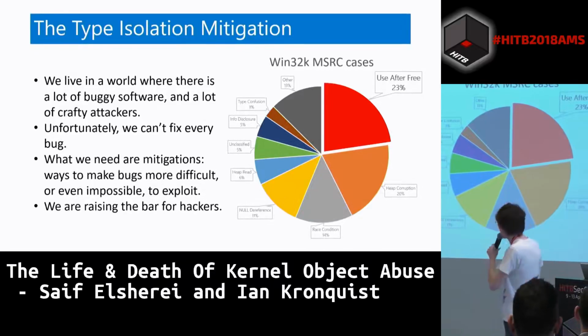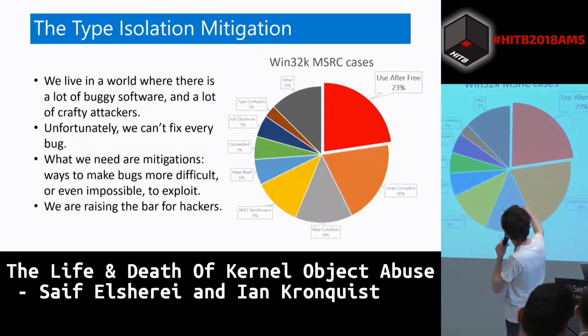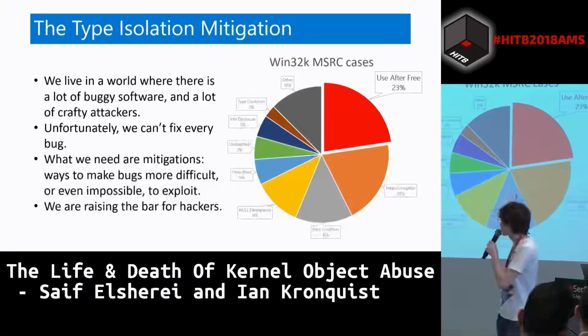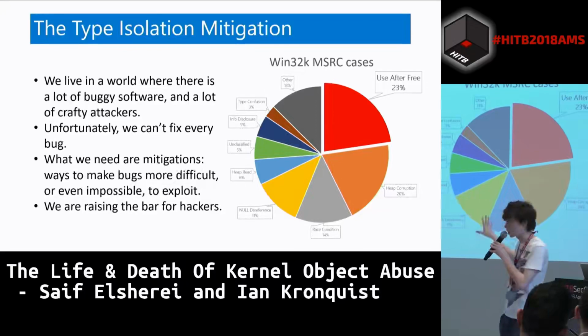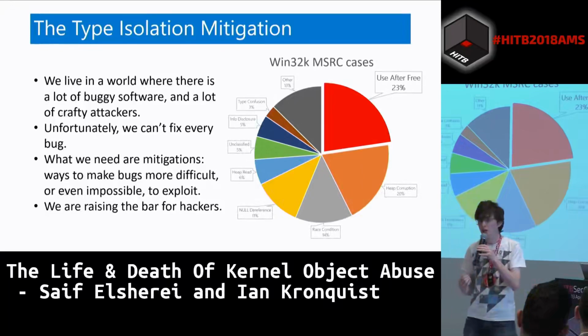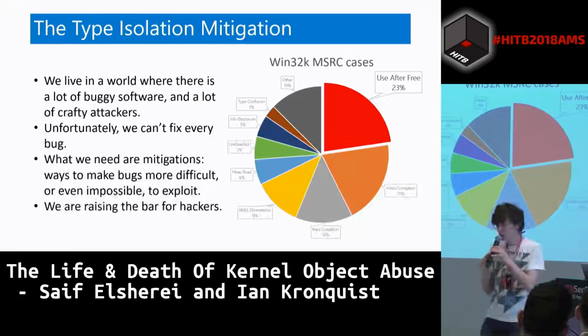We chose this big red sector right up there, use after free. Of all the types of bugs which we found in Win32k, 23% of them are use after free. And use after free is a relatively consistent class, so it's a great target for a mitigation.